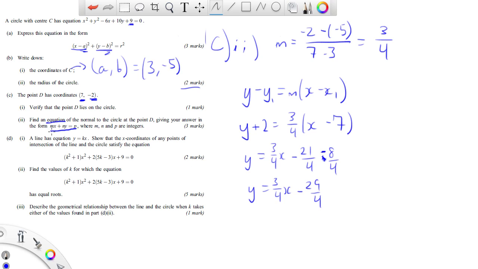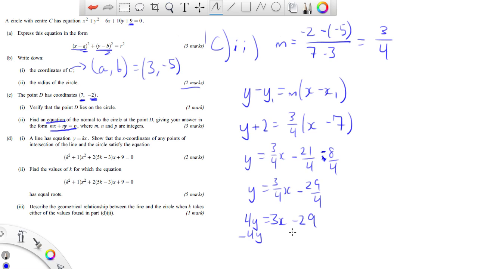If you look here, they have coefficients for the x and the y. There are no denominators. It's nice that these have a common denominator, so what I'm going to do is multiply each term by 4. So I'm going to get 4y is equal to 3x minus 29. And they want this to be mx plus ny. So we can subtract the 4y from both sides and add 29 to both sides.